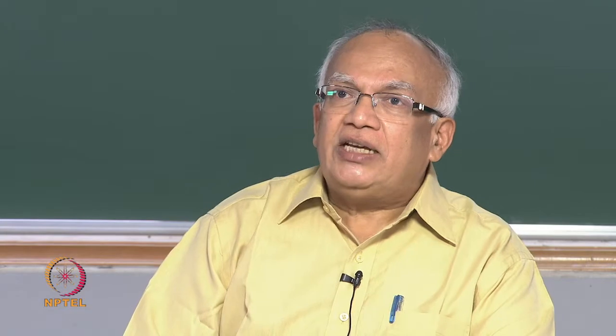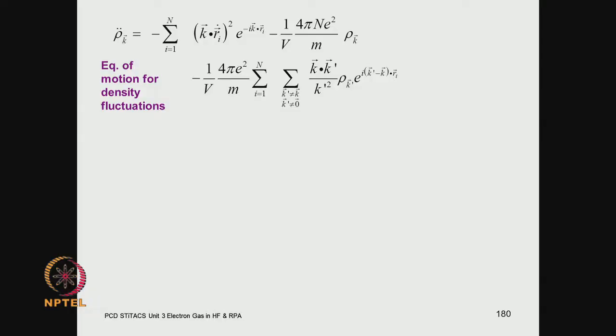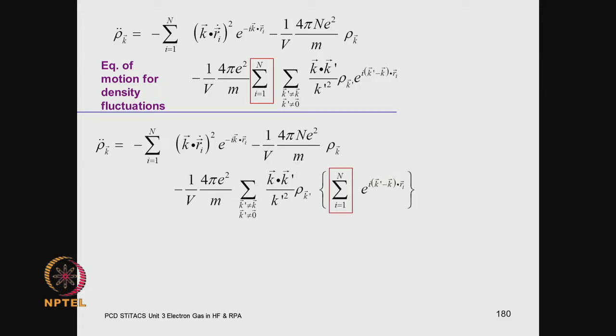Now for these Fourier components, we proceeded to set up the equation of motion. This is the classical equation of motion that we set up for the kth Fourier component, which is given by its second derivative with respect to time. And we have a number of terms over here. We rewrote this term by identifying what is affected by the summation over i.